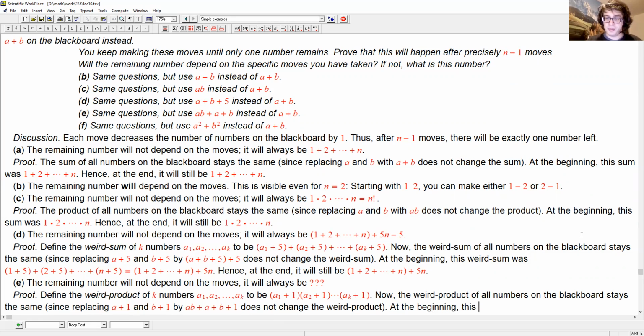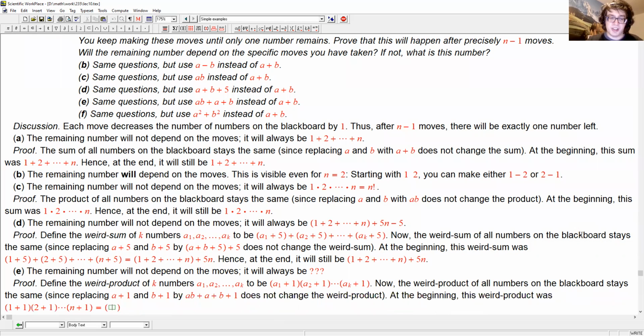Okay, and now what was the weird product at the beginning? It was 1 plus 1, 2 plus 1, and so on, n plus 1, which, by the way, is n plus 1 factorial if you're interested, because this is 2, this is 3, and so on, and you can add a 1 factor. Multiplying by 1 doesn't change anything. But anyway, let me erase this again to make this clear how this is coming from.